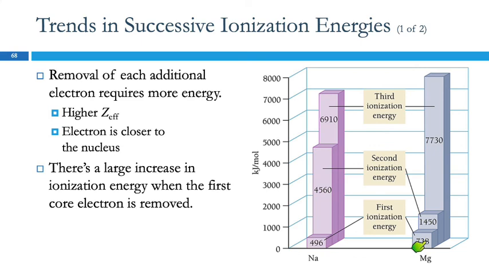Because when you lose one and then lose the second one, magnesium has a noble gas configuration. That's like you're going down in energy, and that's like the bottom. And now if you want to pull another one off, you're going back up the hill on the other side. Here, sodium loses one, it gets to the bottom, and going up on the other side, you're going to have to do a lot of pushing.